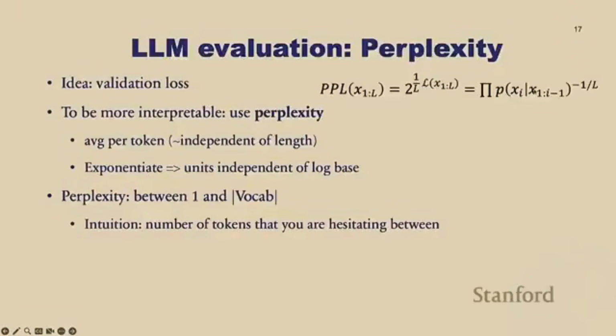If you really have no idea, you basically predict with 1 divided by the size of the vocabulary, and then with simple math you get a perplexity equal to the size of the vocabulary. So the intuition of perplexity is that it's the number of tokens your model is hesitating between. If your model is perfect, it doesn't hesitate, it knows exactly the word. If it really has no idea, it hesitates between all of the vocabulary.